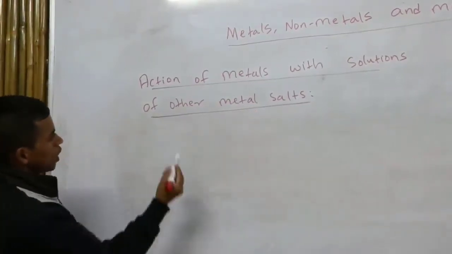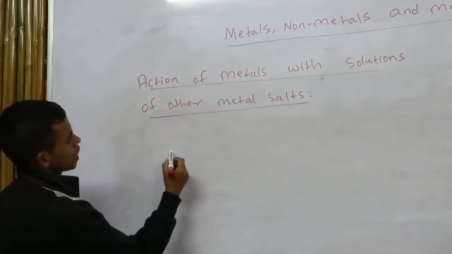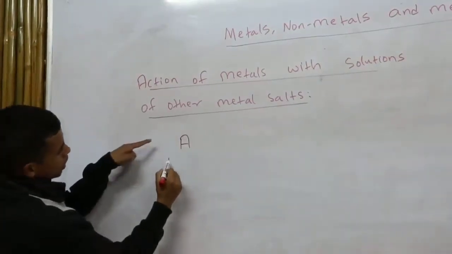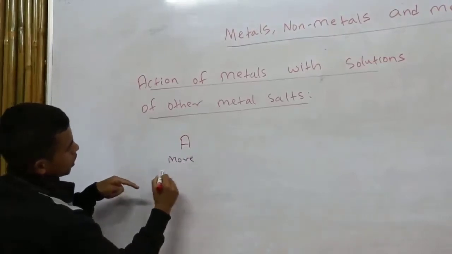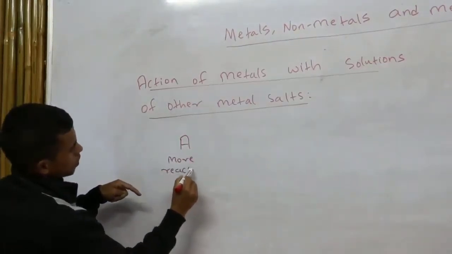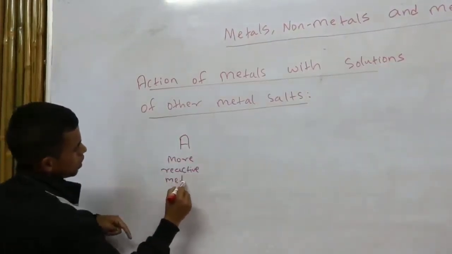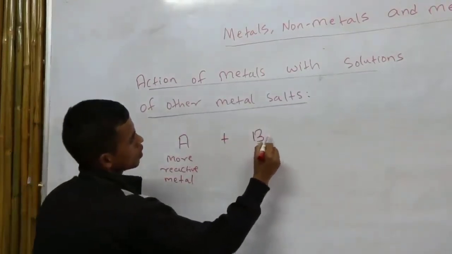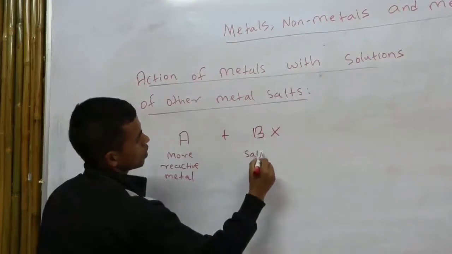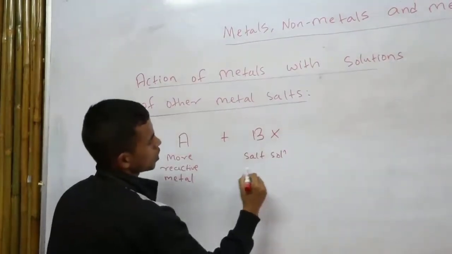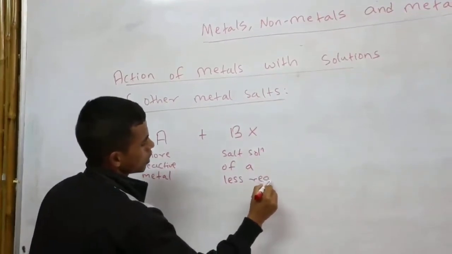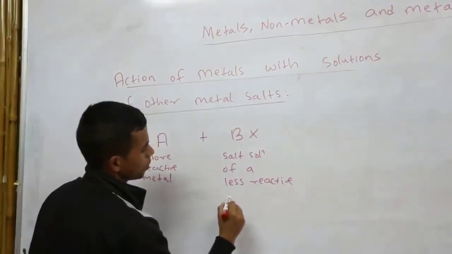The general formula for this action would be, where A is a more reactive metal that reacts with the salt solution of a less reactive metal.